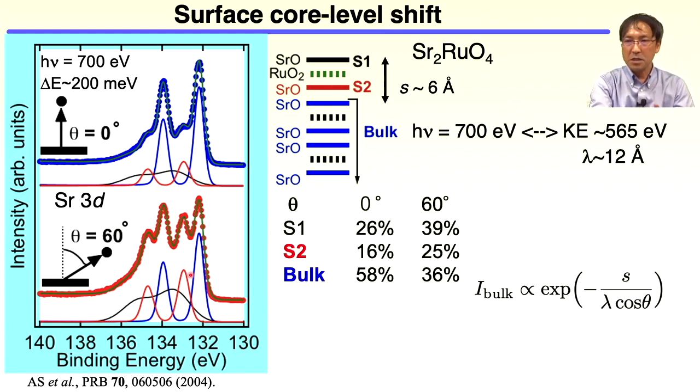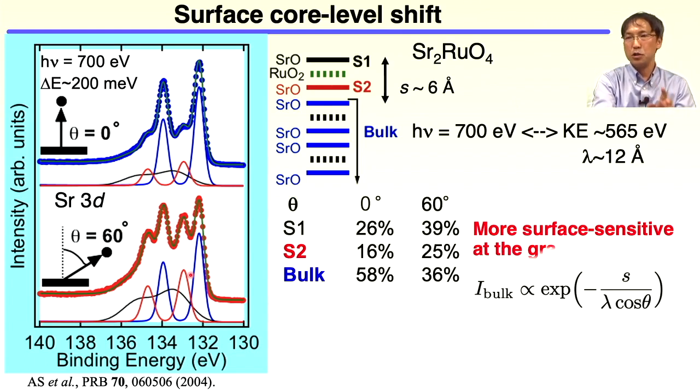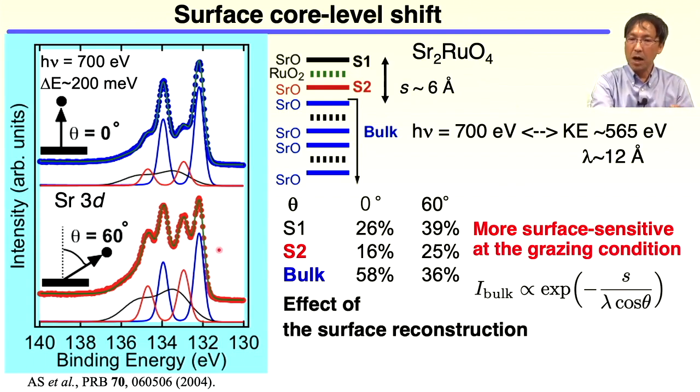By analyzing the data by least square fitting, the contributions from the bulk, the topmost surface strontium oxide layer S1, and the second strontium oxide layer S2 have been obtained like this. The clear surface core level shift has been detected from the emission angle dependence of the shallow core level photoemission spectra, as shown in this figure.